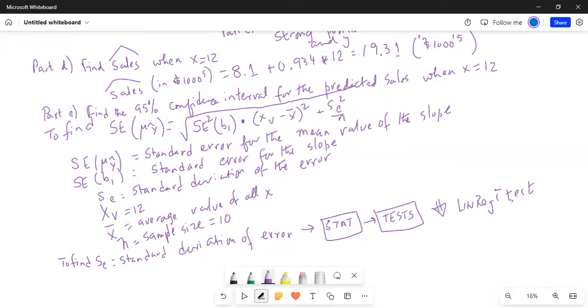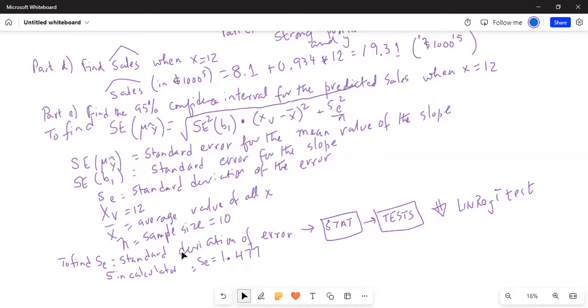X list is L1, same as before. We just calculate, and notice at the bottom of the screen is your S. S is equal to SE, which is equal to 1.477. This is the information we will need.